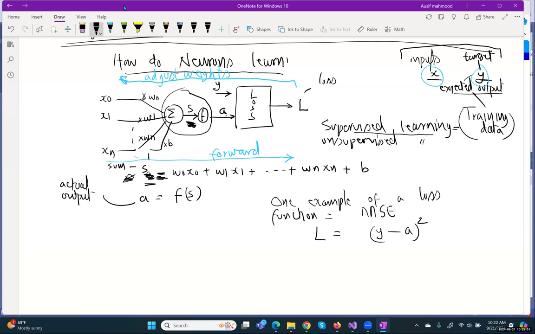Anybody want to comment? Why do we take the square? No, let me give you the answer. Suppose I give you an analogy. You go to a new city and you don't have GPS.